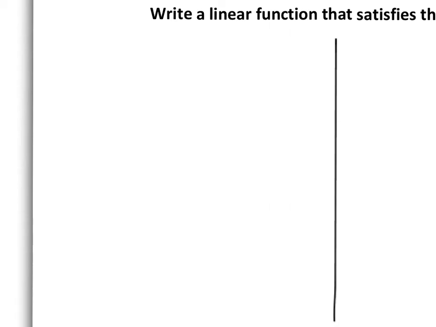So my given conditions, I'm going to say f of 0 equals 1, and f of 2 equals 9. Okay, now it looks just a little different, but what I actually have is 2 points. Now, remember function notation, what it means? This means for function f, when x is 0, y is 1, right?